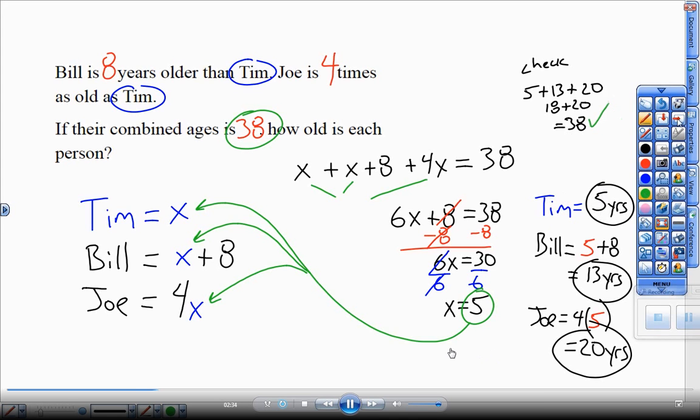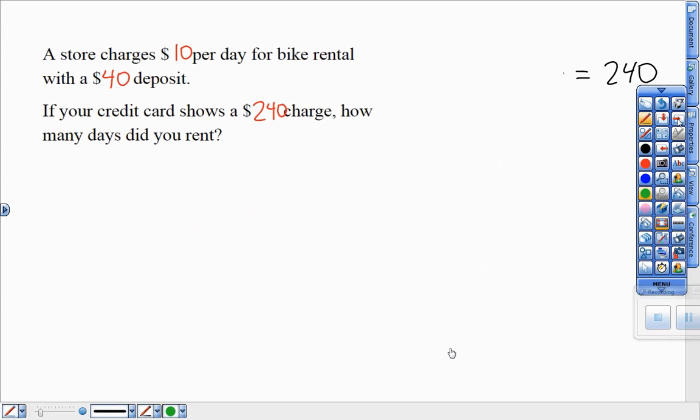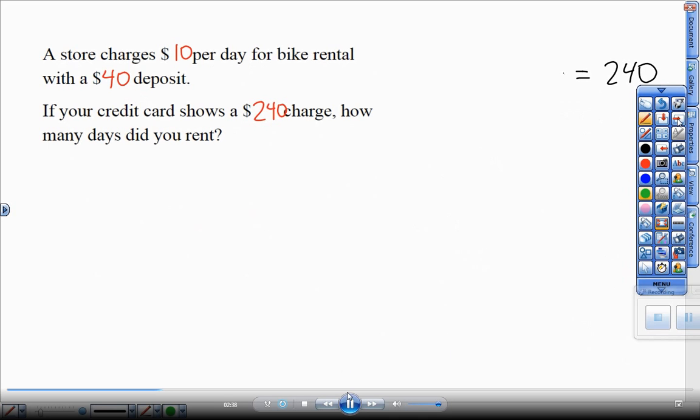All right, the next problem. This one is the kind of problem that we looked at today, the per problem, where you're taking the $10 per day, where x will represent your number of days, $10 times each day, plus your $40, and you're going to see if you set that equal to 240 what the number of days would have to be. So here I go.